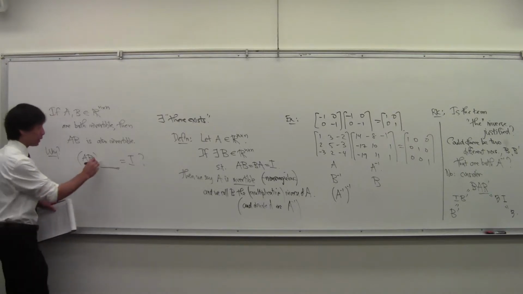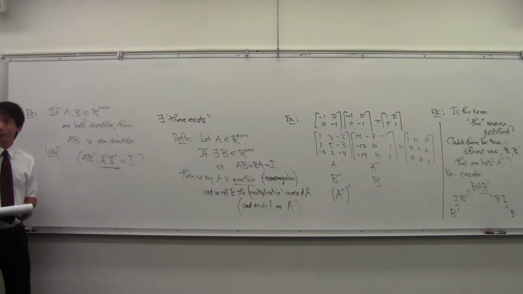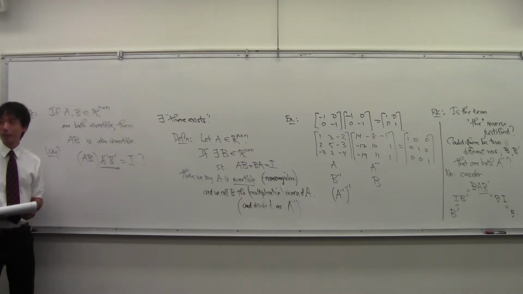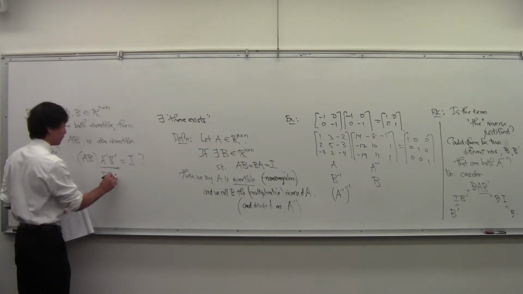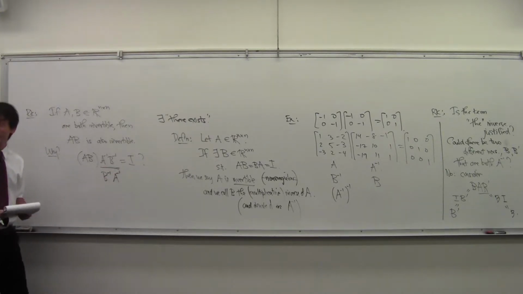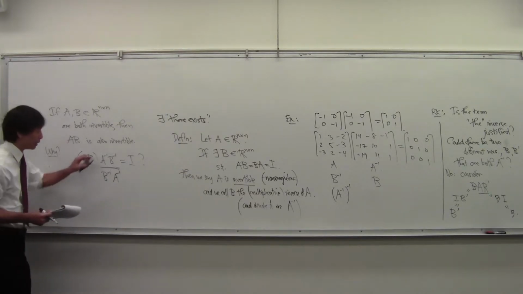The inverse of A times the inverse of B? Other guesses? Inverse of B times inverse of A. Yeah, that one will work actually, right? And you see why it does.